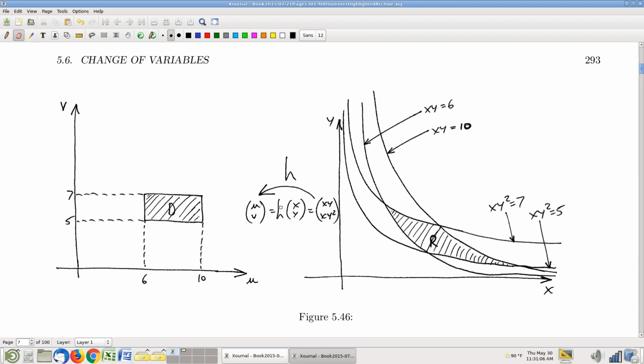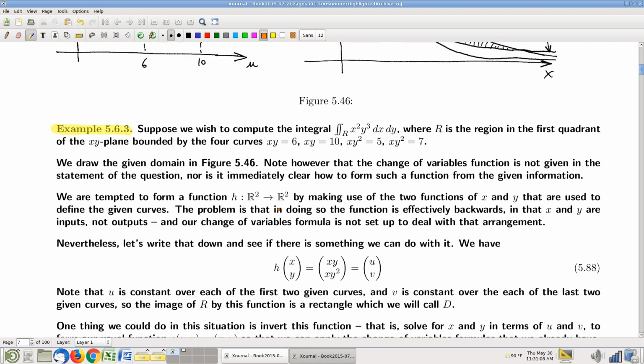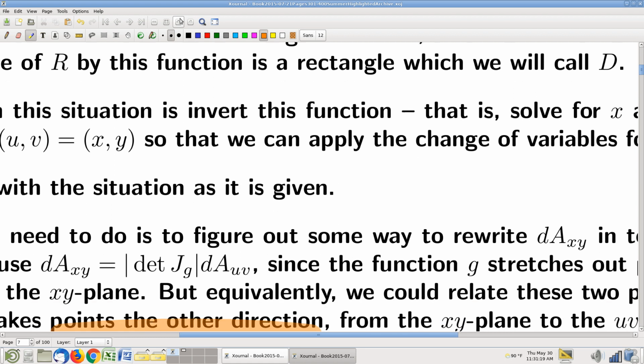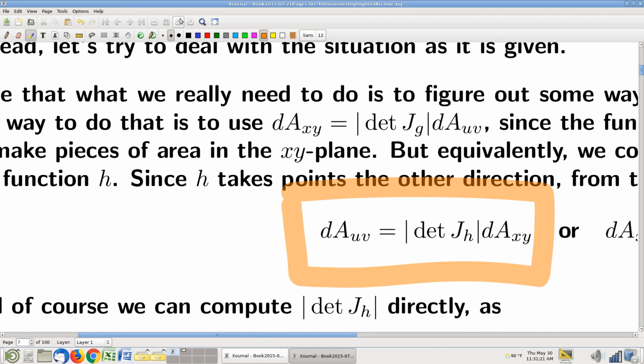Okay. What about the stretching factor? Let's write down what we know about the stretching factor. This h function, now you've got to keep in mind, it's going the wrong way.